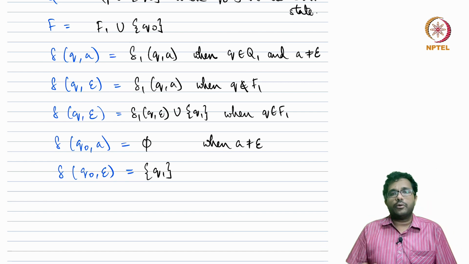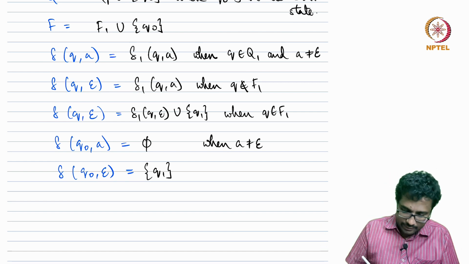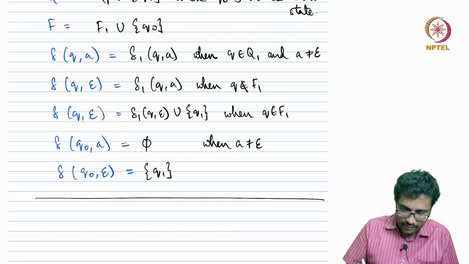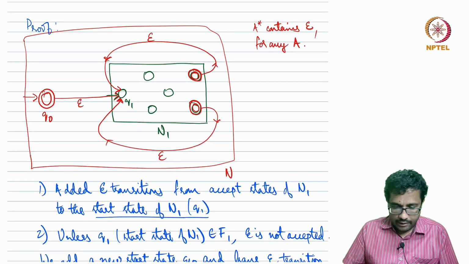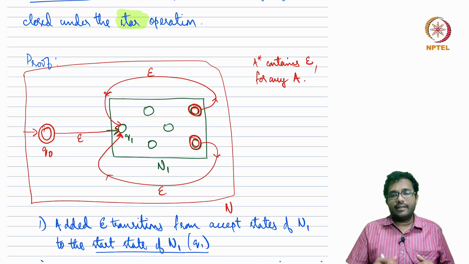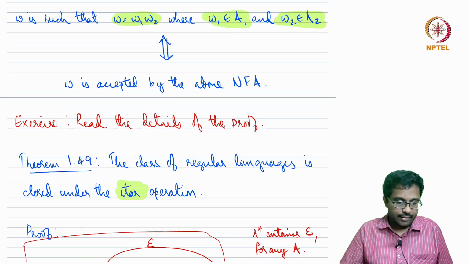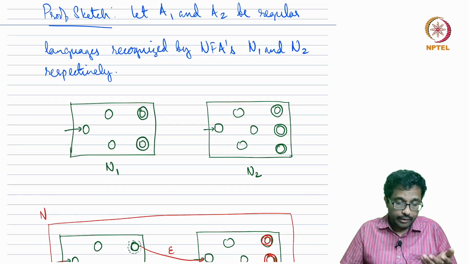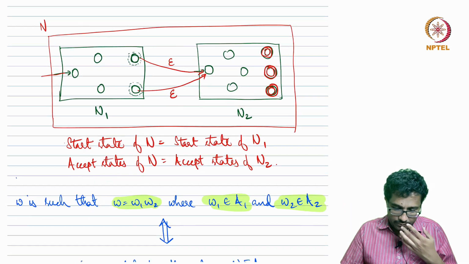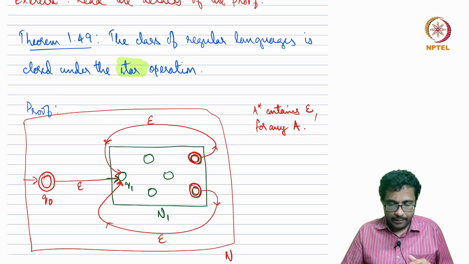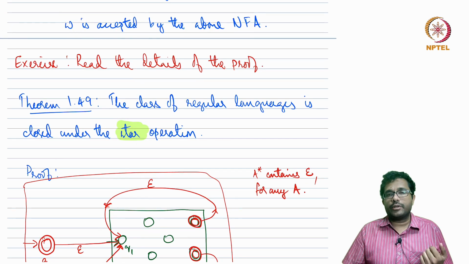There is only one outgoing arrow, and that's it. This completes the construction, and hopefully the correctness is evident in this case, as it was in the other two cases, and that completes the proof that regular languages are closed under the star operation.